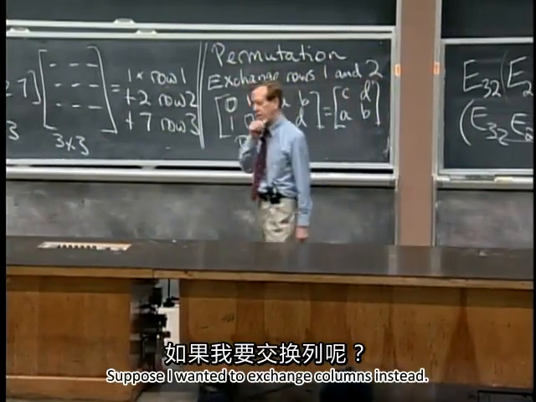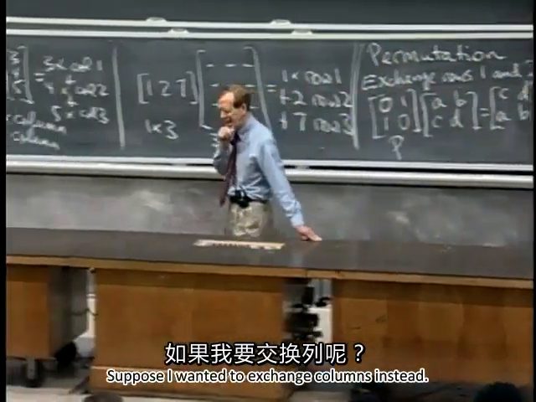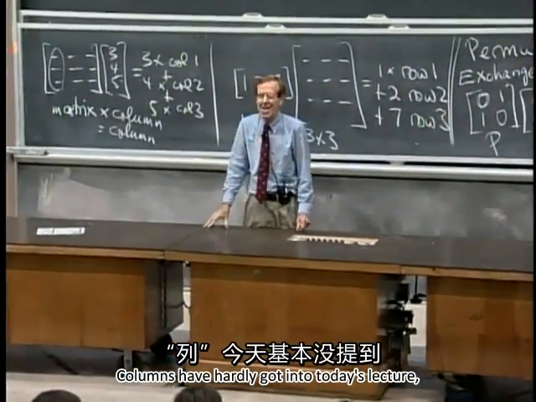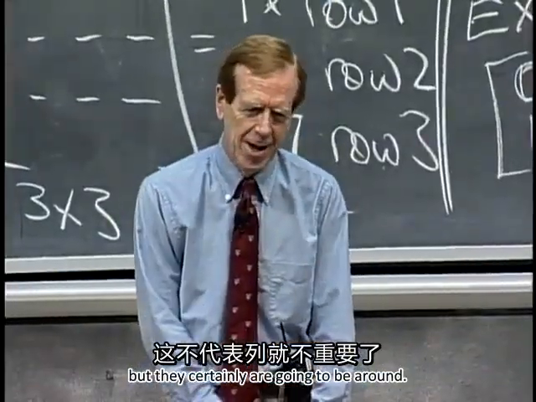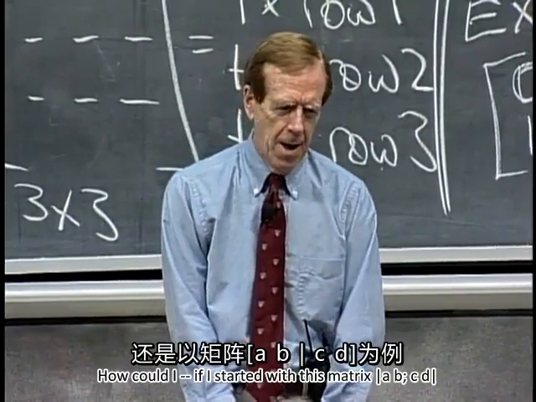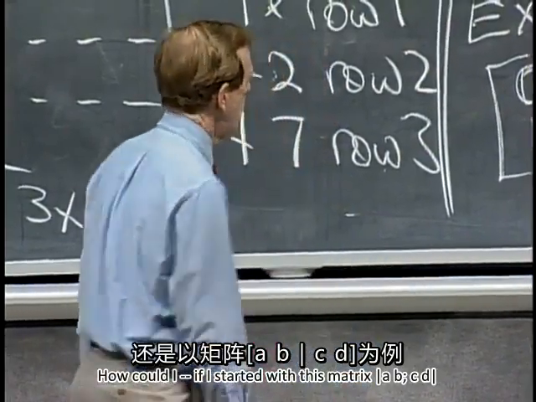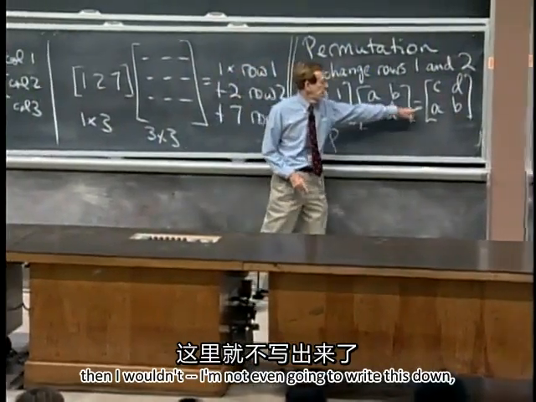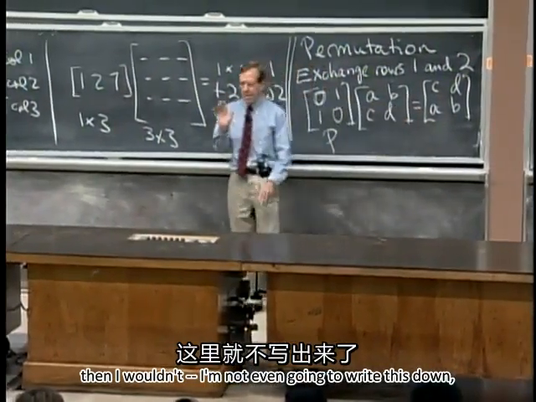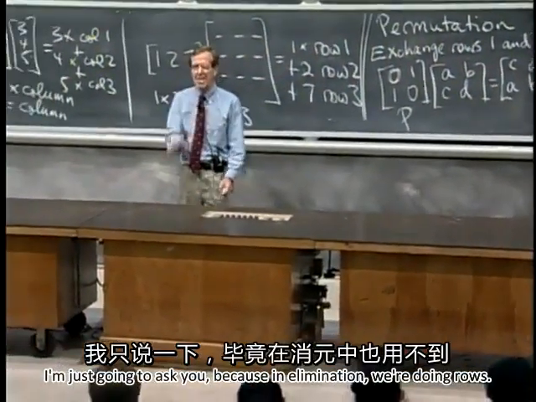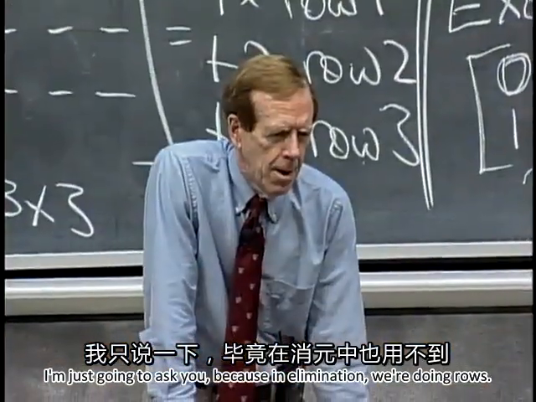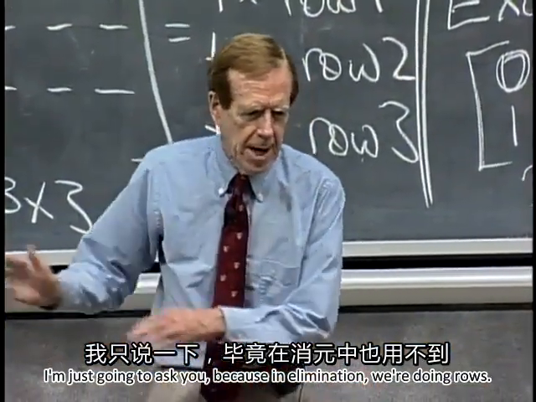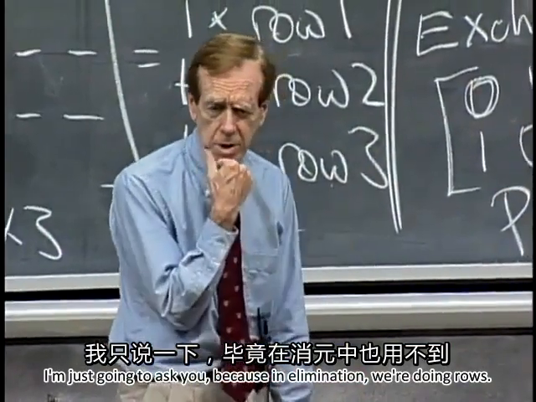Suppose I wanted to exchange columns instead. Columns have hardly got into today's lecture, but they certainly are going to be around. How could I, if I started with this matrix A, B, C, D, then I wouldn't, I'm not even going to write this down. I'm just going to ask you. Because in elimination, we're doing rows.